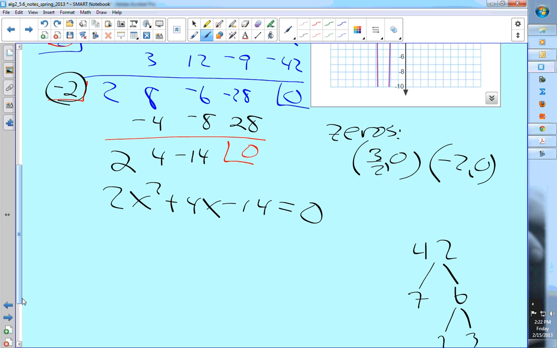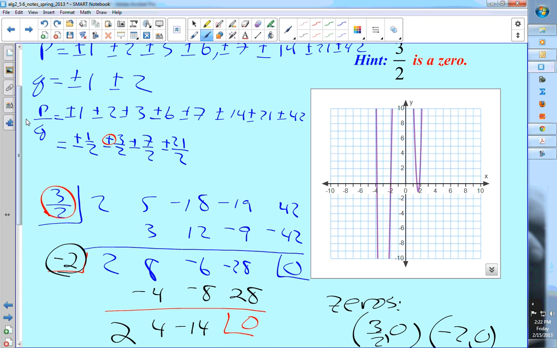Here's its quotient. Now I can get down to a quadratic equation, which we have the ability to either factor or use the quadratic formula to find the other roots. Cubics we can't do. Fourth degrees we can't do. So we never want to keep plugging back into this original when we're doing this P and Q stuff.